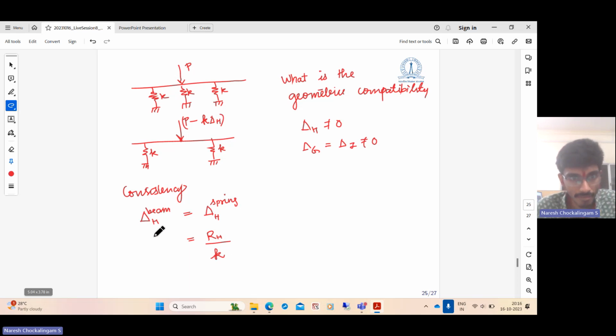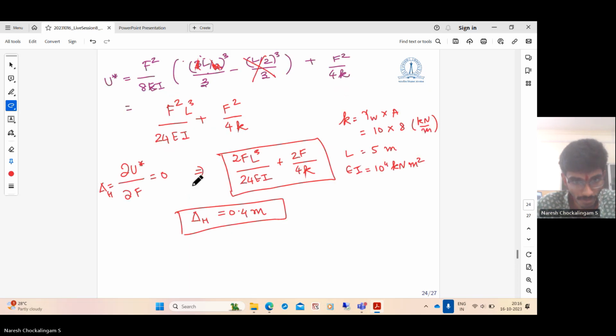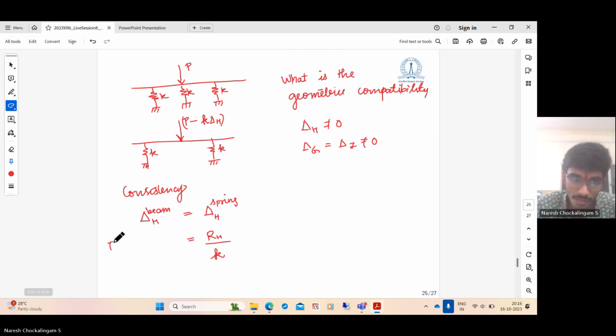So the displacement of the beam is what we just found out here. It is FL cubed by 12 EA plus F by 2K.